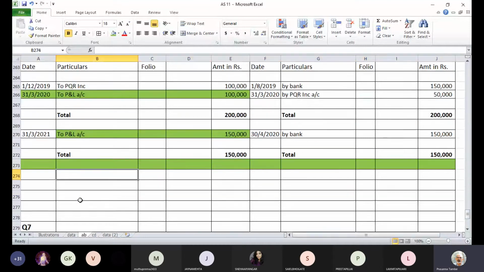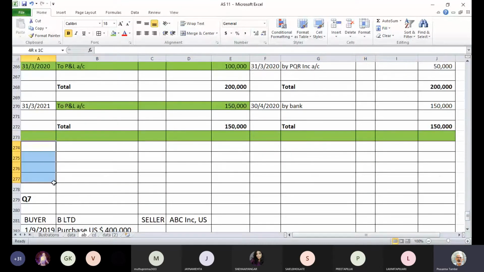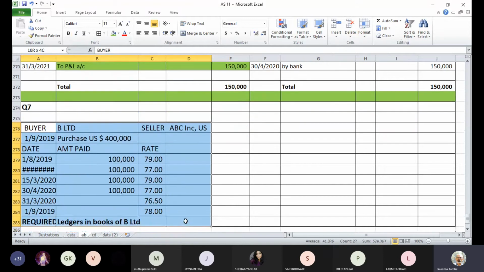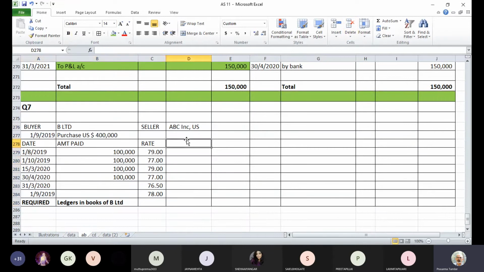Now next sum is already with you, and that is the next question, which is on purchase now. Okay, let us see what the details are. The buyer is B Limited and the seller is ABC Incorporated US.